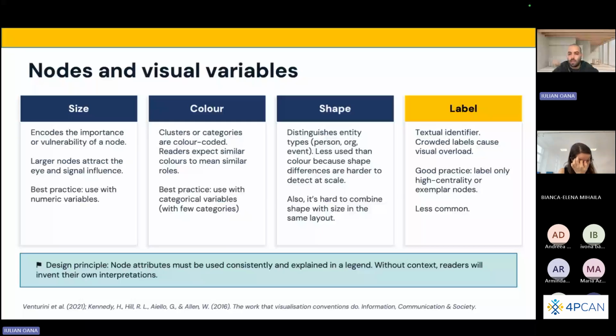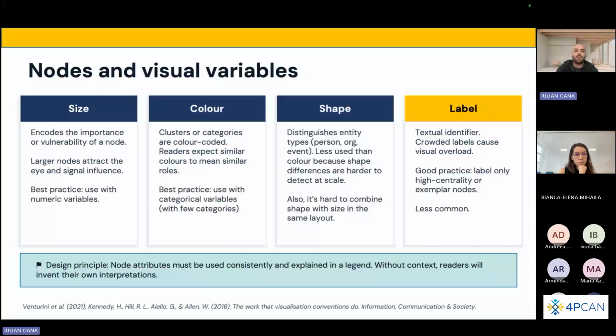Now, given that size in its general logic is something numeric, the advice as a best practice is to use a numeric variable. So we should use numeric visual variables with numeric attributes.